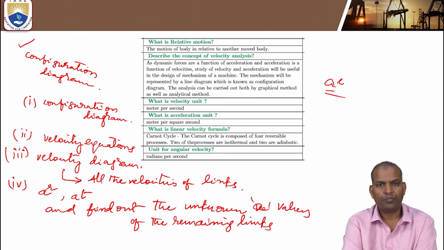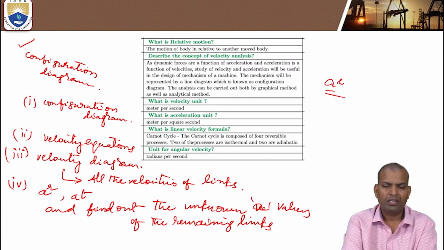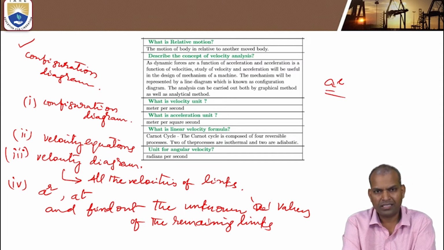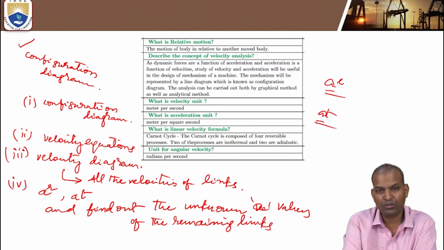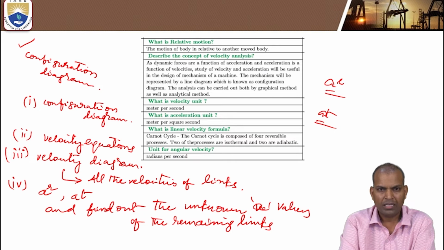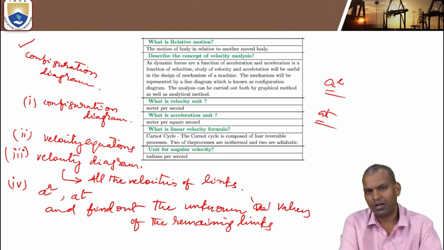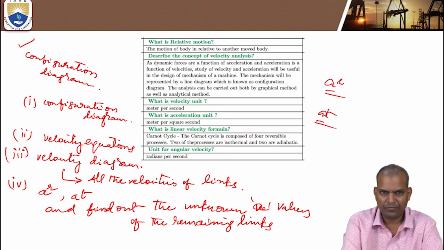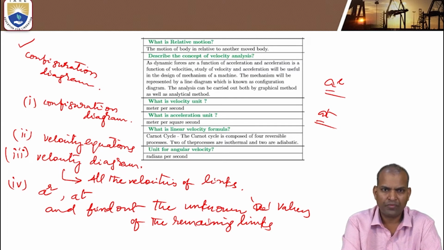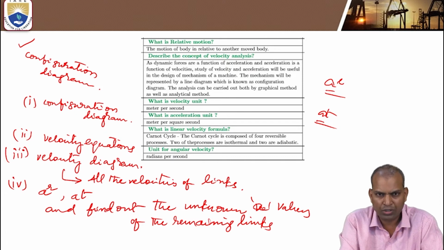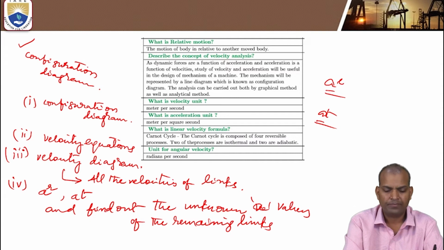The tangential component of acceleration is normal to the radial component, and the acceleration diagram is drawn in such a way that we can find the values of the tangential components very easily. That procedure is known as acceleration analysis.